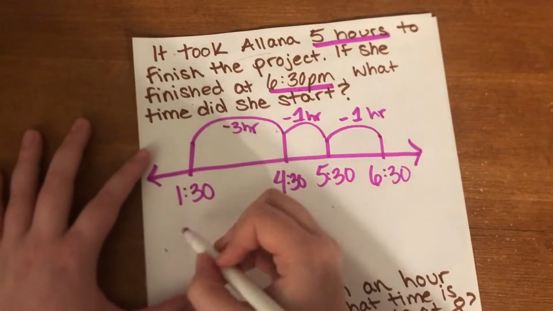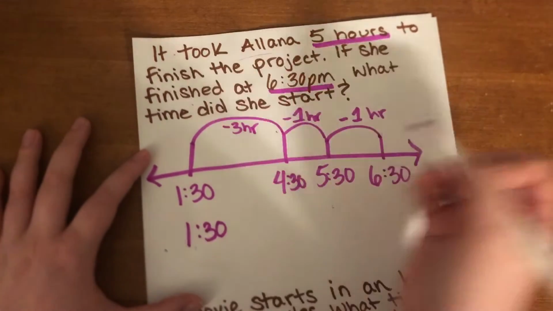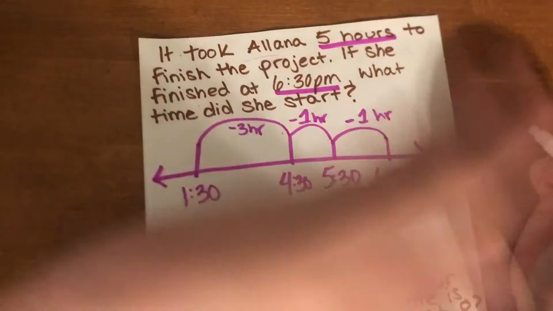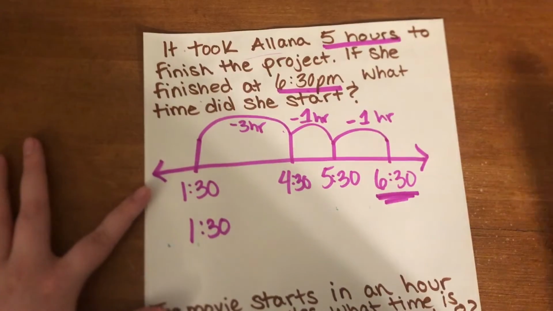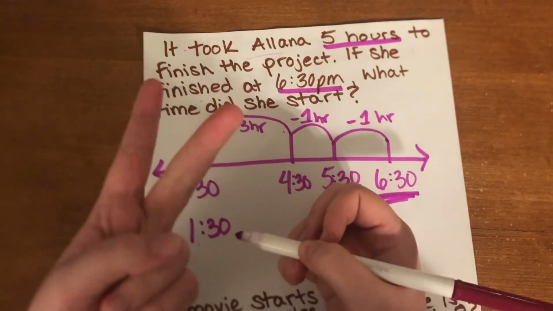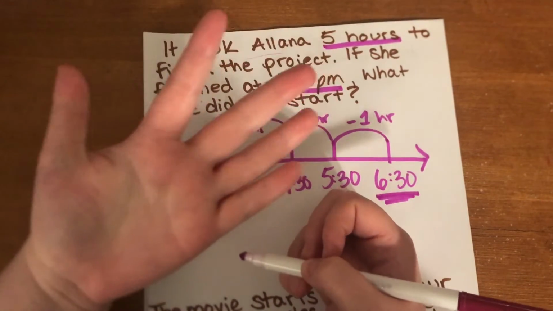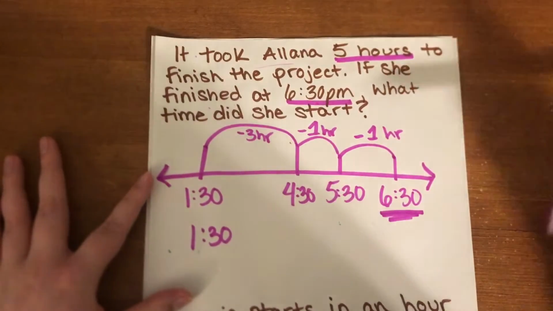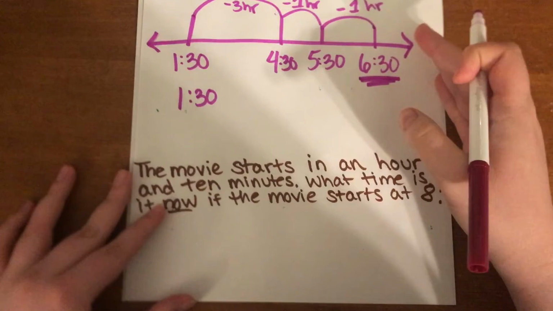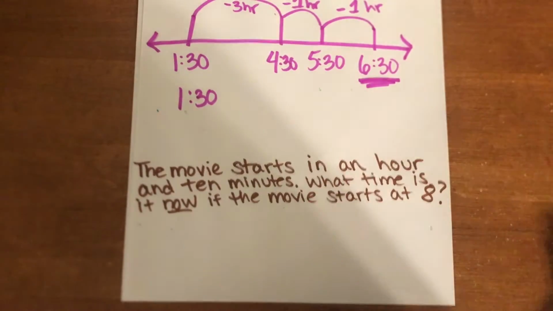And I'll know that this is correct if I start at 1:30 and I count up 5 more hours, and if I land at exactly 6:30. So 1:30, 2:30, 3:30, 4:30, 5:30, 6:30. Some of these are going to be easier to do in your head than others. Okay, let's look at the next example.